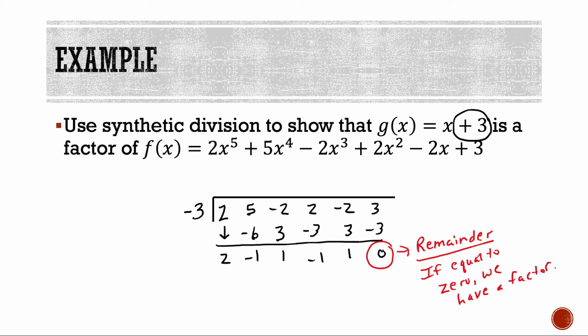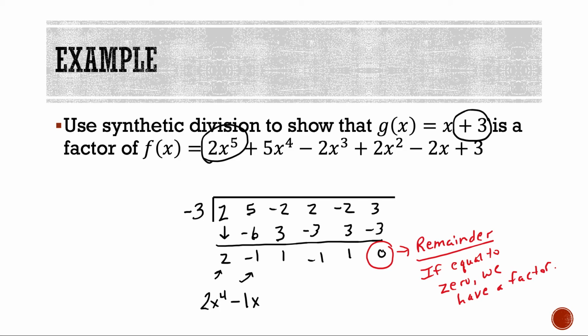Now, the problem did not ask me what the quotient was when I divided it out, but I'm going to go ahead and put the x's back in just so you can see what that answer would look like. Remember that we're starting with 2x to the 5th, so as I divide 1x into this process, my first answer will be to the 4th. So I'm going to say 2x to the 4th, and then I'm going to work my way down.